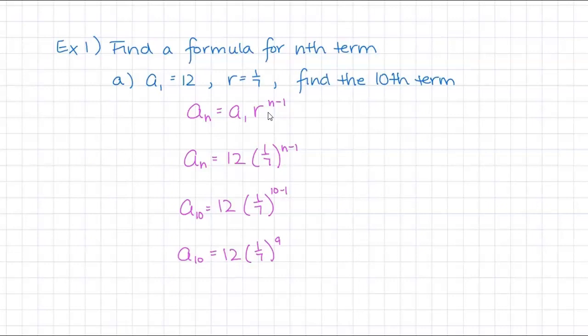So if you work this out on the calculator, for instance, I'm getting 2.973 times 10 to the negative 7th. So I'm getting a really small number.